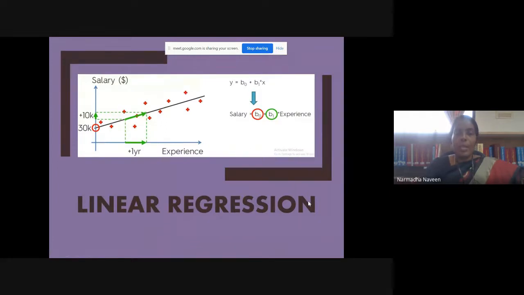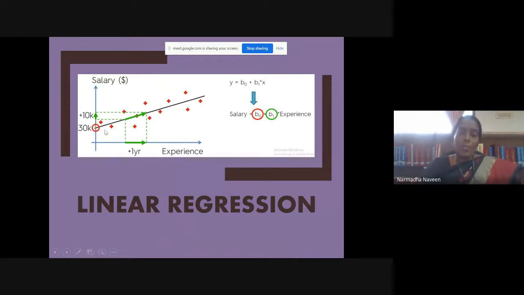So how do you assess this? Say, for example, let us imagine this is the best fit line that you acquire, that is better able to fit all the data points. You would like to know what increment in salary should be given to a person with 1 year of experience.